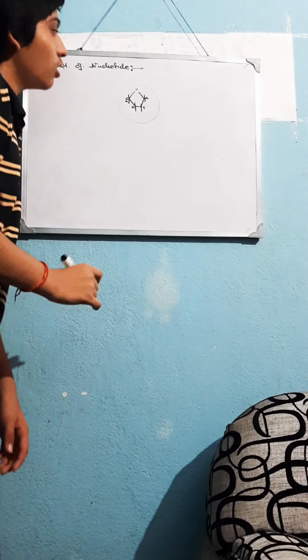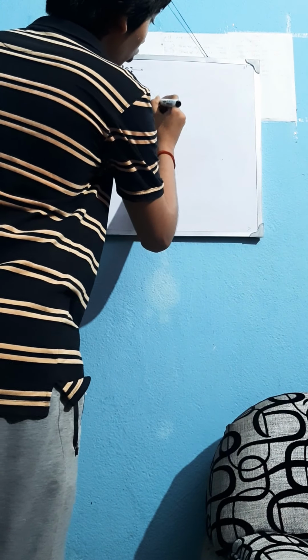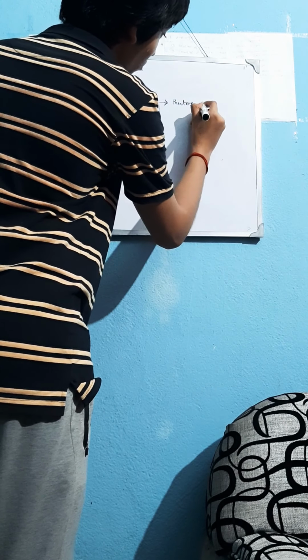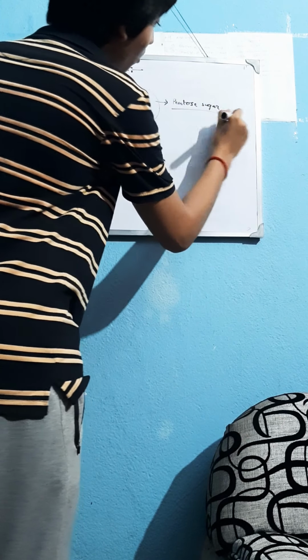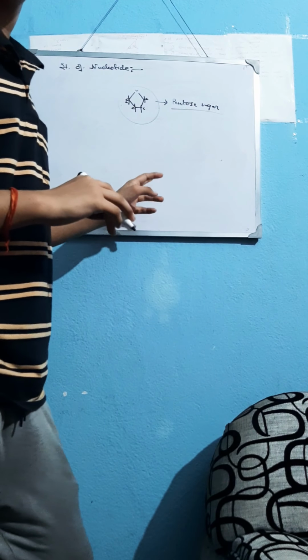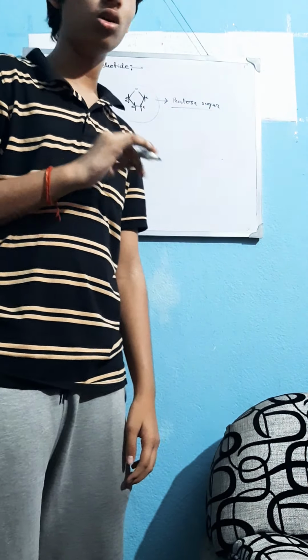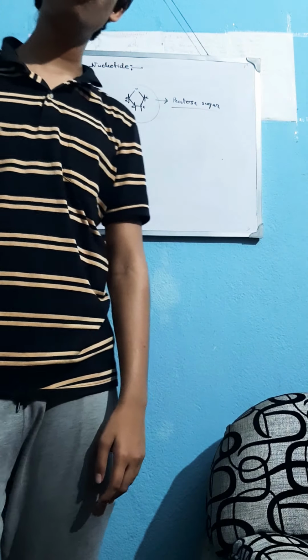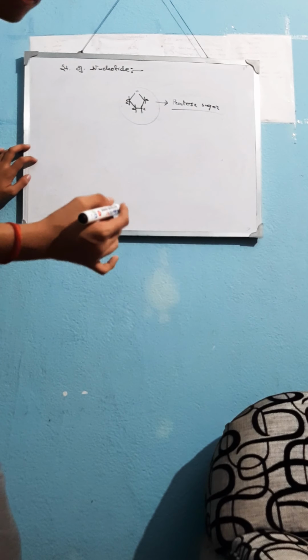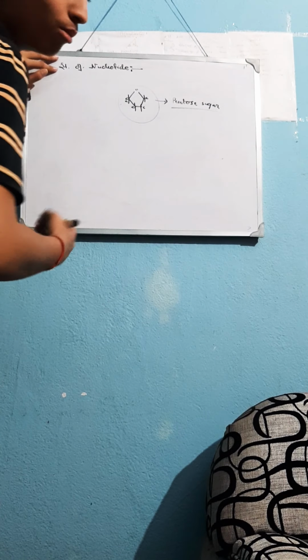Nice. Now this is the structure of a pentose sugar. But do not mistake, my guys, pentose sugar is not the structure of deoxyribo sugar. Deoxyribo sugar is a form of pentose sugar, but pentose sugar is not a deoxyribo sugar. Now, what is the structure of deoxyribo sugar? Basically, I am magnifying the same.